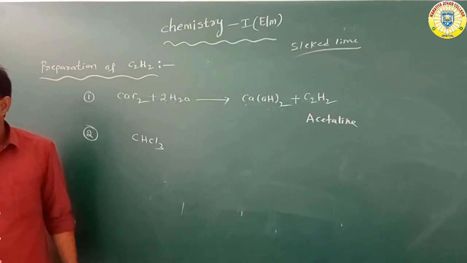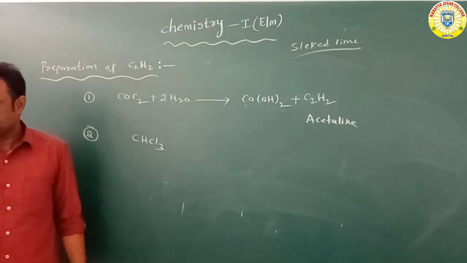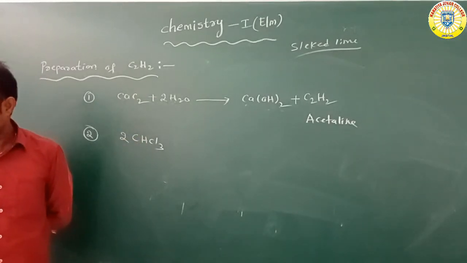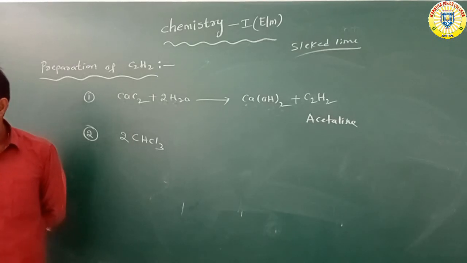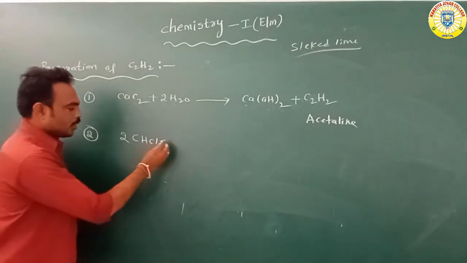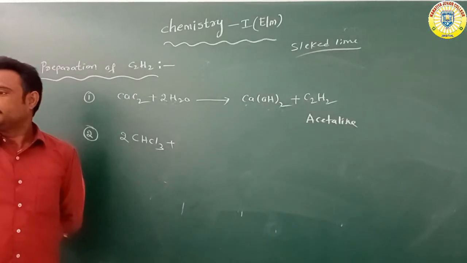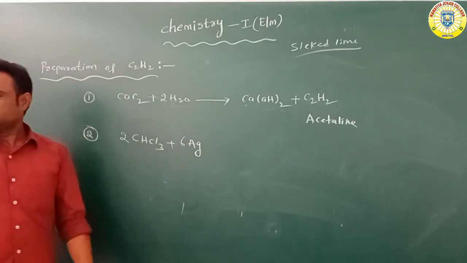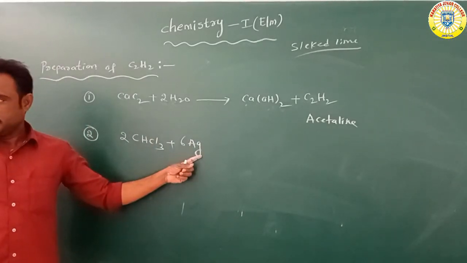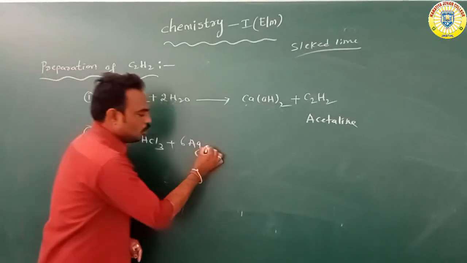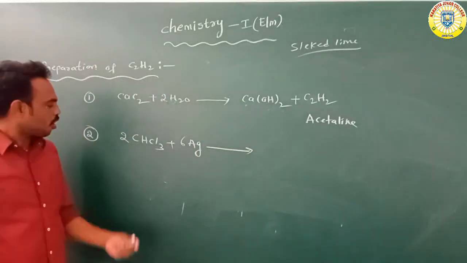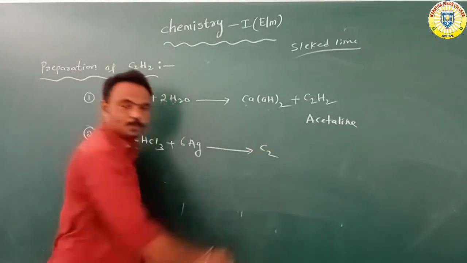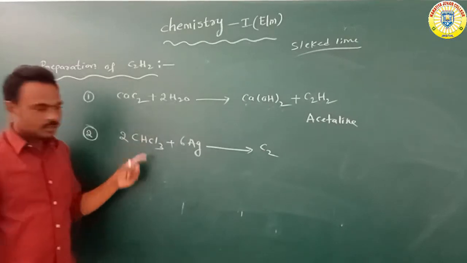Trichloromethane or chloroform. When we have taken 2 moles of chloroform, it reacts with silver. Ag is silver. Okay, so to form in this reaction, 2C, C2, 2H, H2.